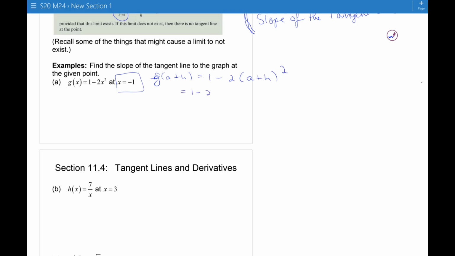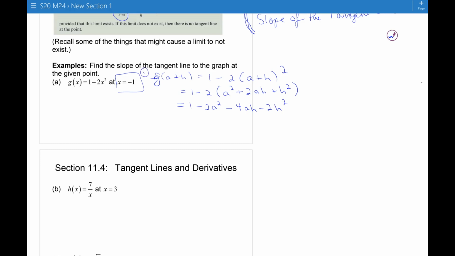Let's not ever do this multiplication again. Let's know that a plus h squared is a squared plus 2ah plus h squared. Then I'm going to distribute the negative 2, and get 1 minus 2a squared minus 4ah minus 2h squared. So that's g of a plus h.